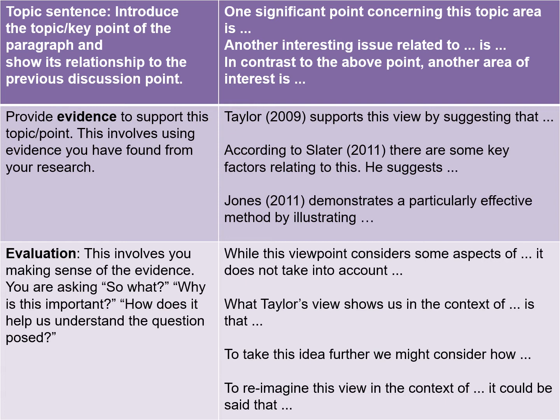So each of the main body paragraphs within your assignment should ideally follow this template. And if you do follow this template, what you'll be demonstrating is clear, critical writing that uses evidence to support claims that you're making. And this is what's going to help you to meet various assessment marking criteria, such as having a clear structure or being concise, or using relevant evidence, being critical.